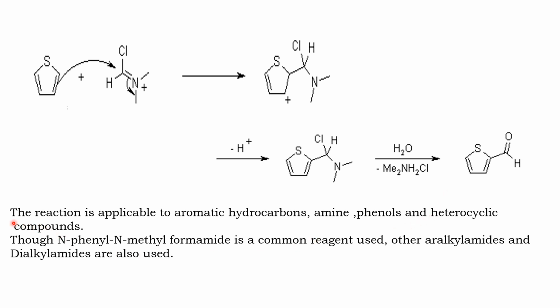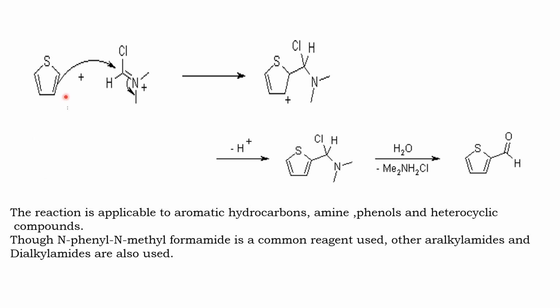The Vilsmeier-Haack reaction is applicable to aromatic hydrocarbons, amines, phenols, and even heterocyclic compounds if the ring is active. Though N-phenyl N-methyl formamide is a common reagent used, other aralkyl amides and dialkyl amides could also be used.